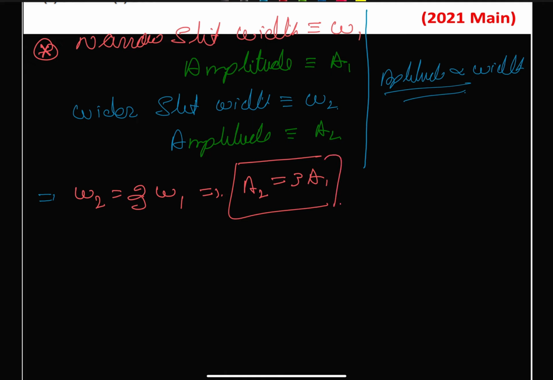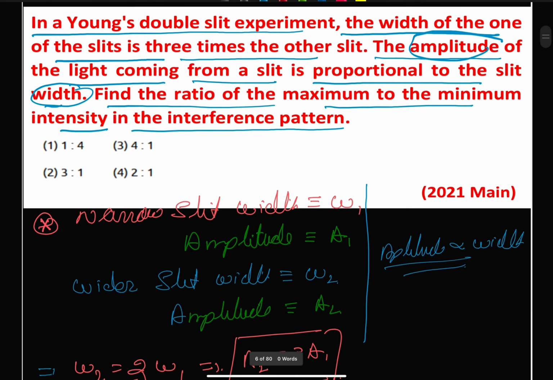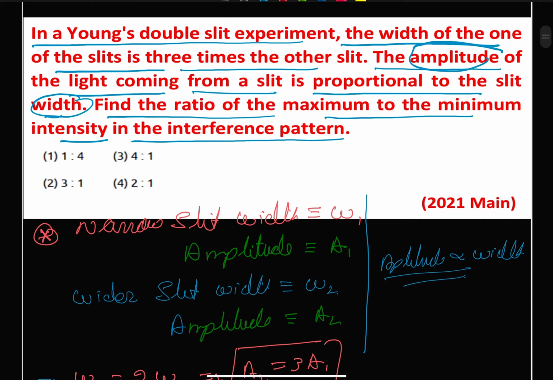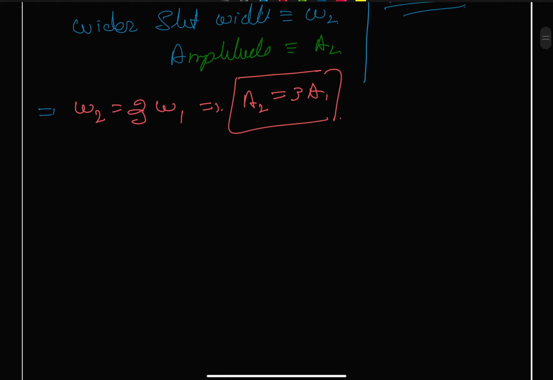And we have to find out the ratio of maximum to minimum intensity in the interference pattern. And we know that maximum is a constructive interference and minimum is a destructive interference.